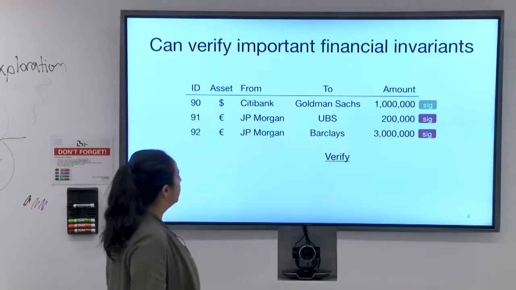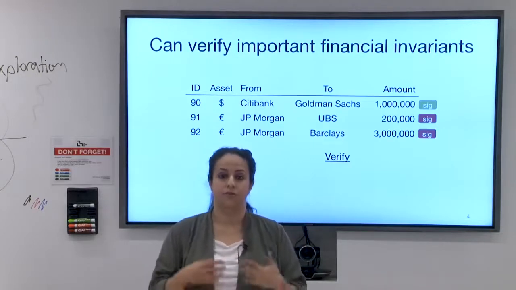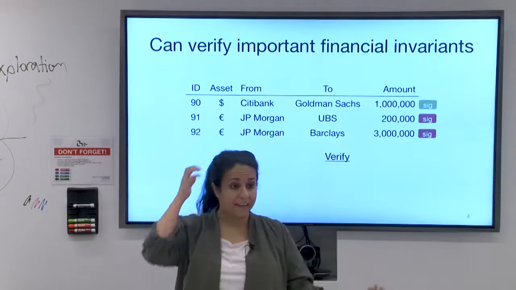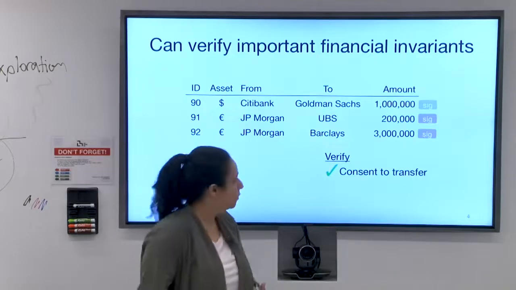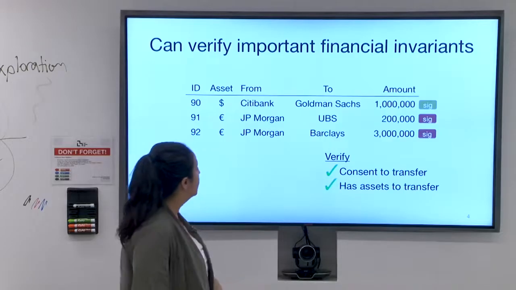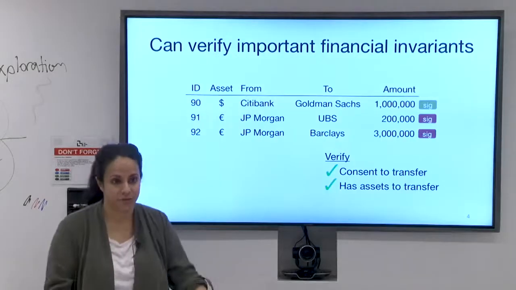So there are some important financial invariants that you want to maintain here to verify that transactions are happening correctly, that they're valid, that assets aren't created out of nowhere. One of them is consent to transfer, and we use the signatures for that. Another important invariant is that the person doing the transacting actually has the assets to transfer.